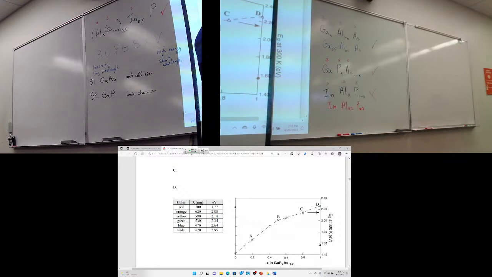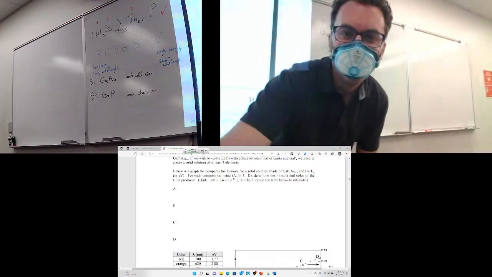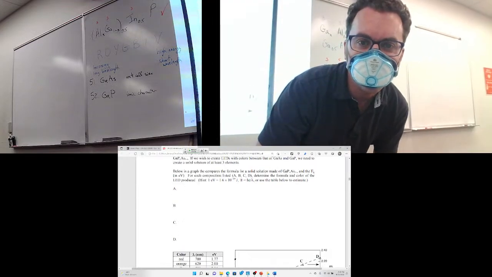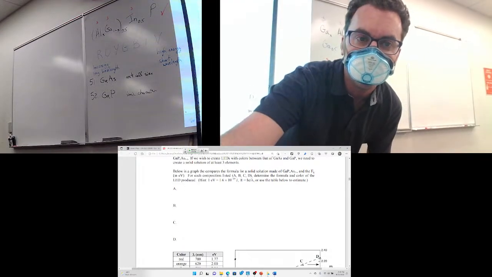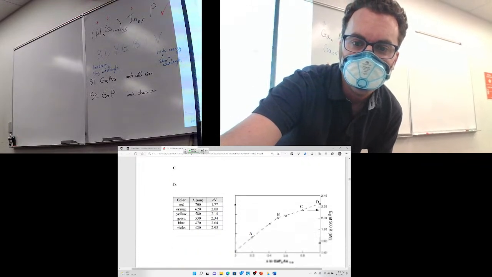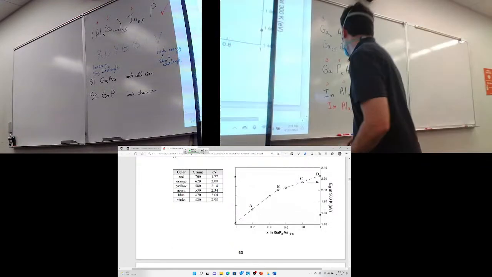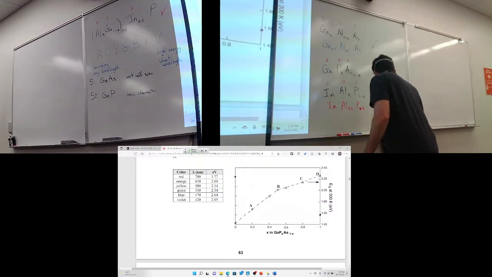So the idea here is, for each composition, determine the formula and the color of the LED produced. Okay, so let's do A first, just to give you an idea how this works.